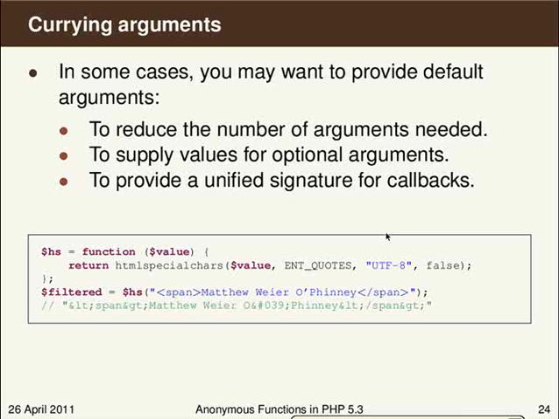So if it already found character entities within the string, it won't try to double encode them. So in this case, I say $filtered equals $hs, and this is where I'm using it as if it were a function. So $hs is my filter, and I've got some HTML mixed in with the string.